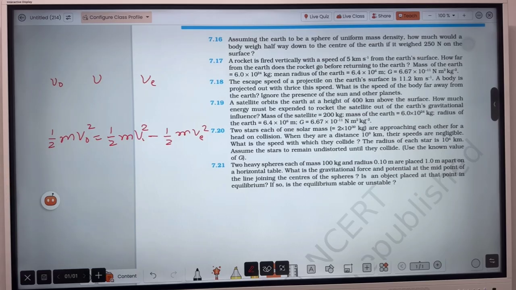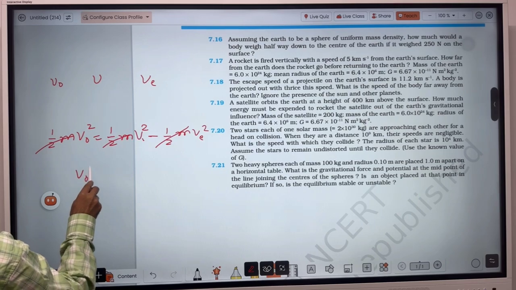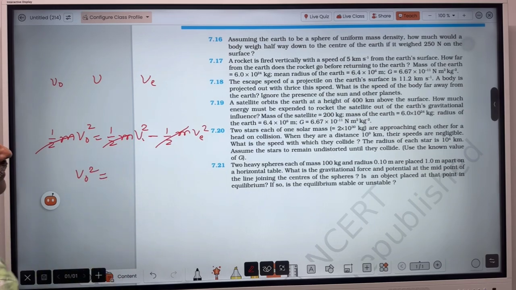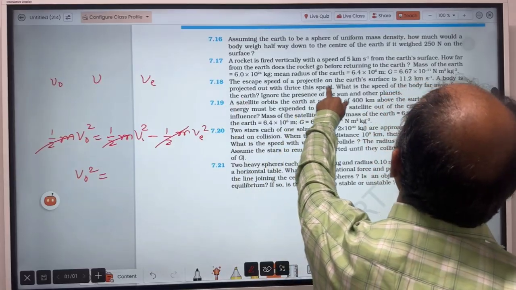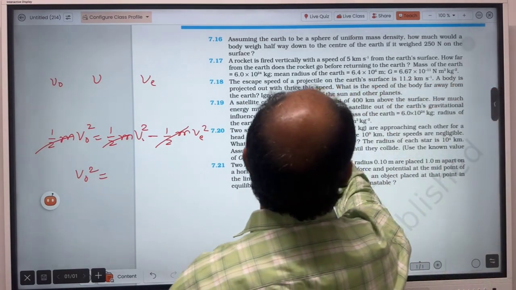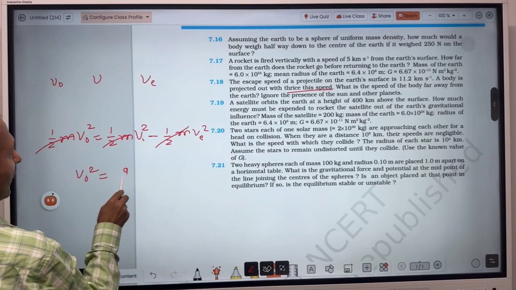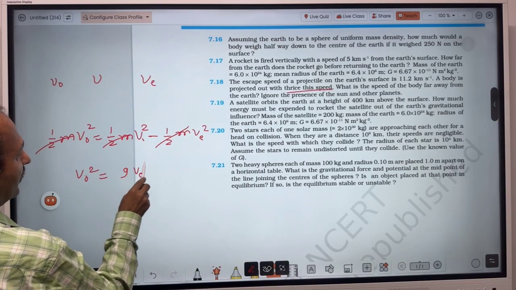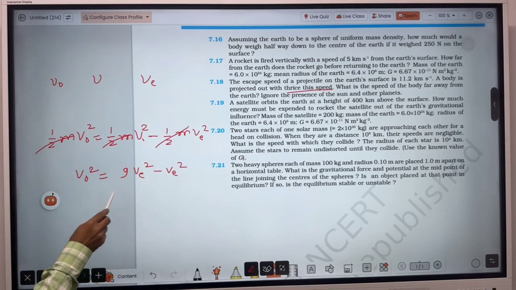So what is happening here? Half m will cancel out. So VO square is equal to, in our question, the escape speed of this much, a body projected with thrice this speed. So this is triple, so 3 means 9 VE square minus VE square, right?